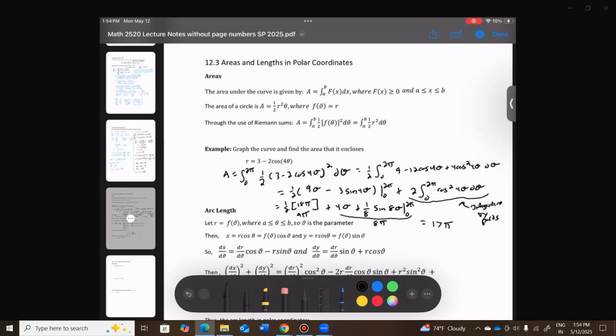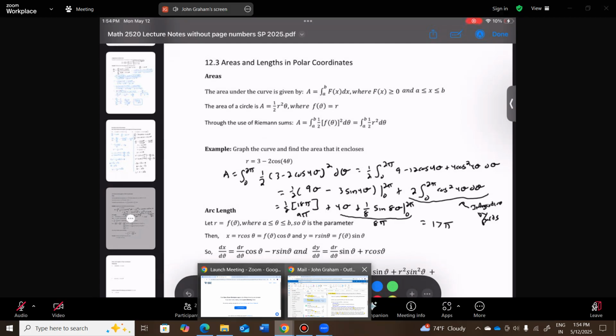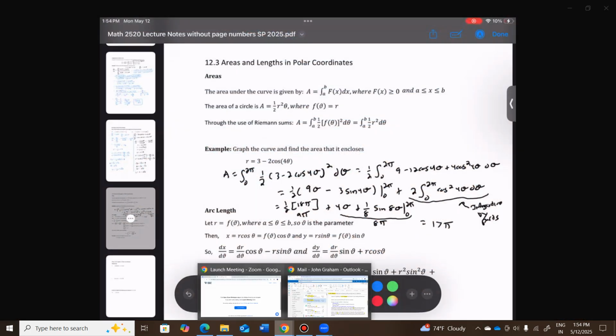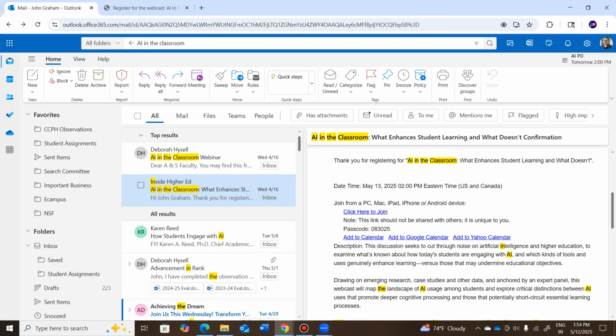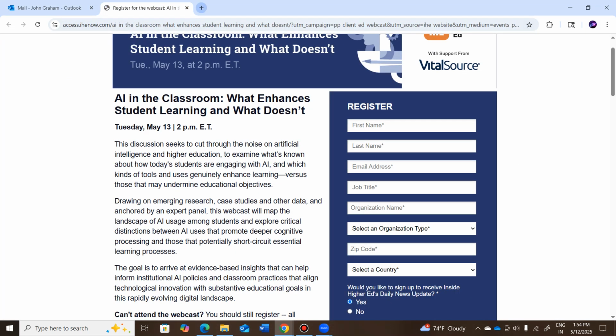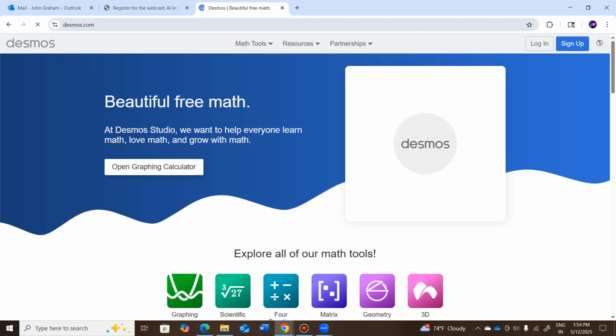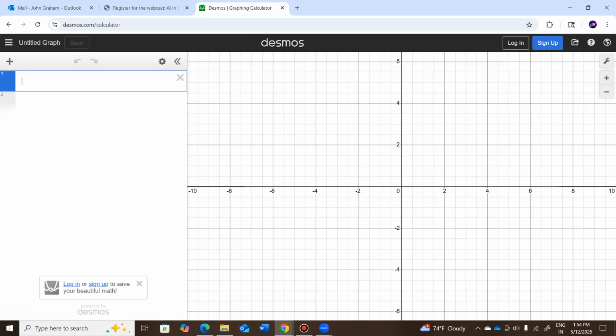Right, if we graph this, let me find where I put my Desmos. Let me just open another one. R equals 3 minus 2 cosine 4 theta.